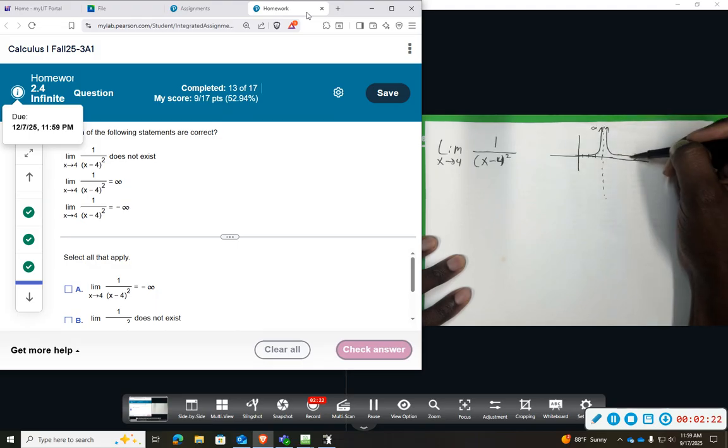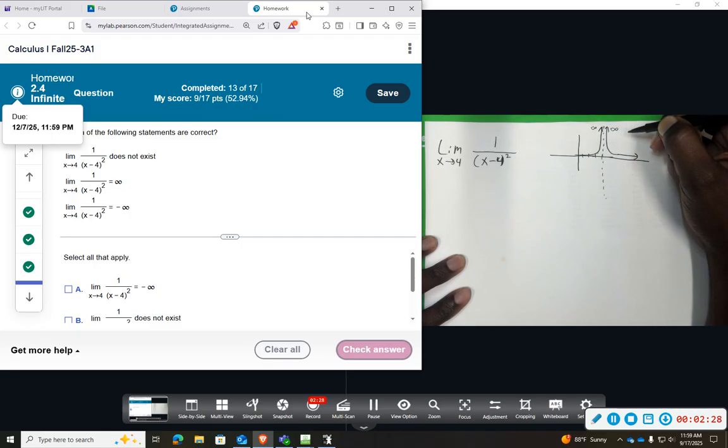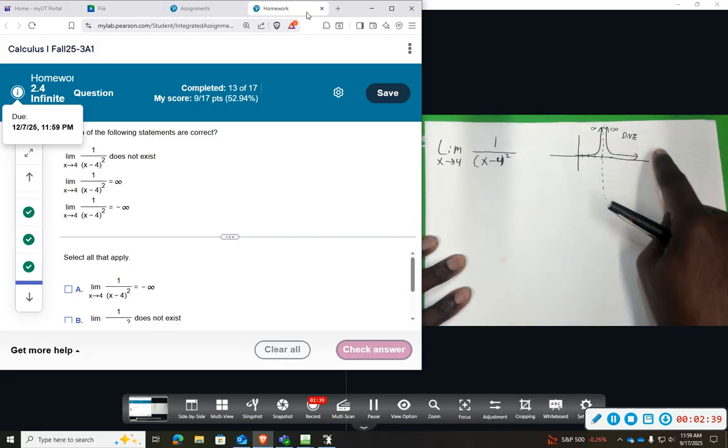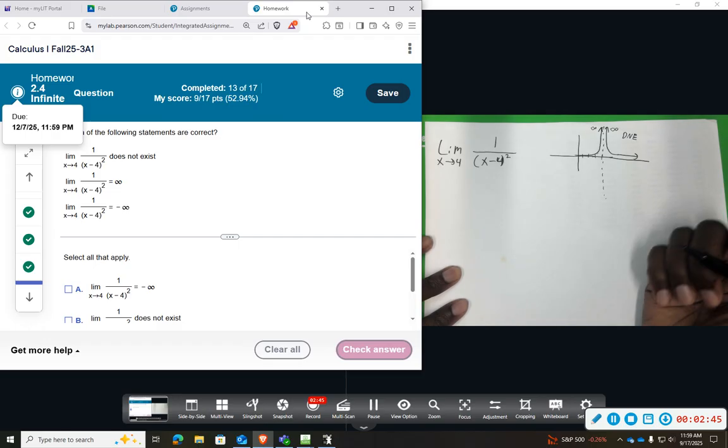As we approach from the right, we shoot up to positive infinity. So even though infinity isn't a number, we would say that the limit does not exist. So DNE, it does not exist. But we also say that it goes to infinity. So both of these things are true, but since they both go the same direction, we can say that it goes to positive infinity.